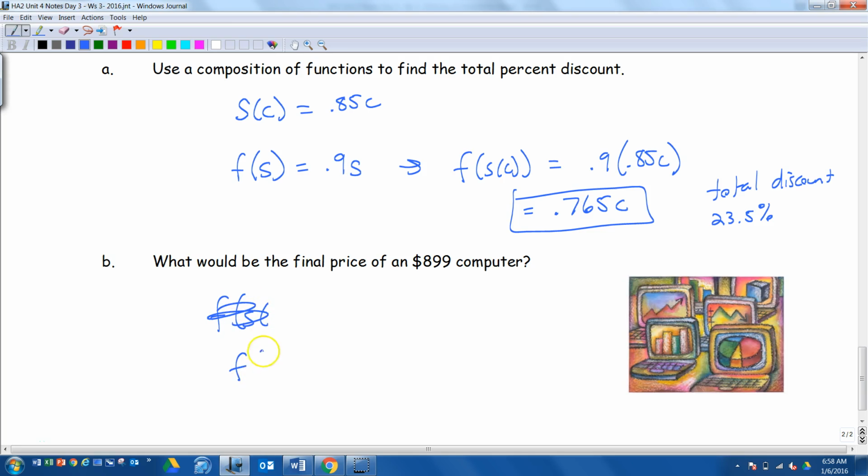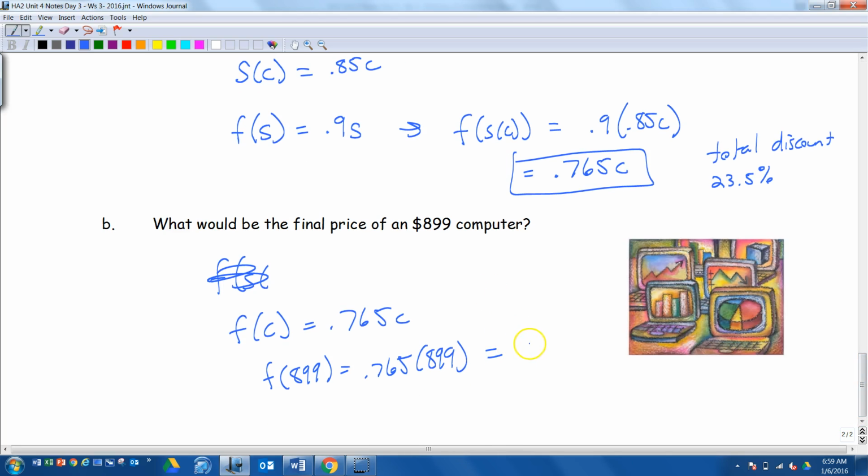We could actually just call this now f of c, because we composed them already. f of s, s of c. And you just plug the number in. And you get that the final price of the computer would be $687.74. And that is it.